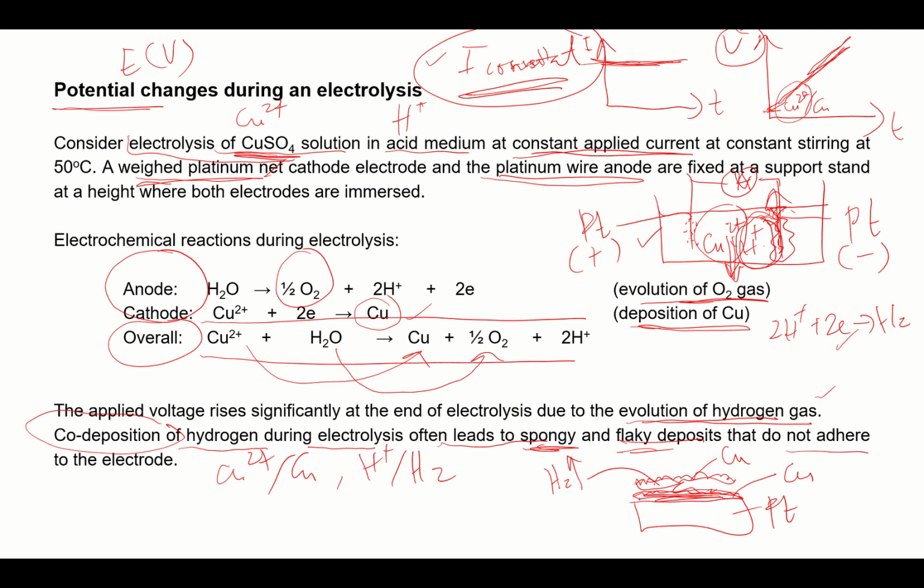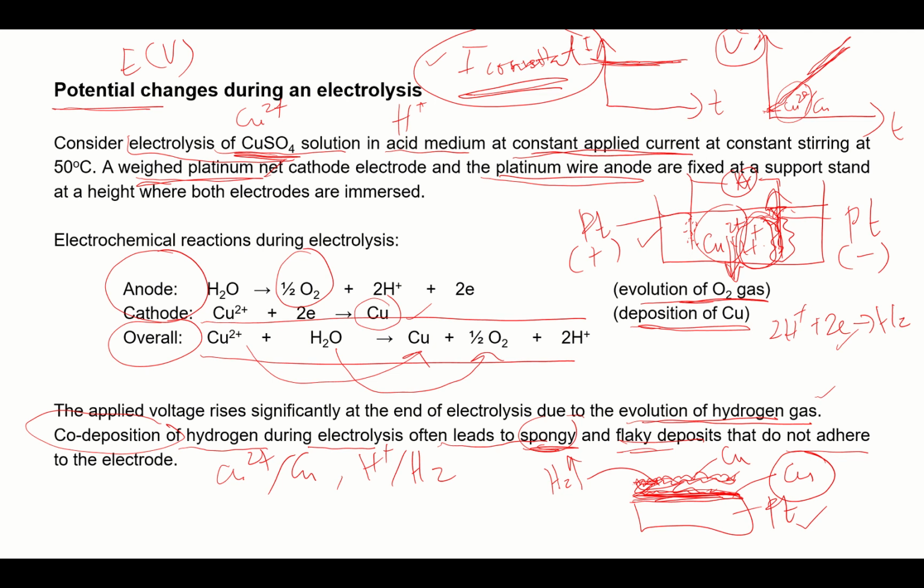But the underlayer of the copper film is very strongly adhered to the platinum, to the cathode. The top layer probably will be spongy and flaky, easily removed. But the underlayer is very strong because there is no interference from hydrogen evolution at the beginning of the deposition.